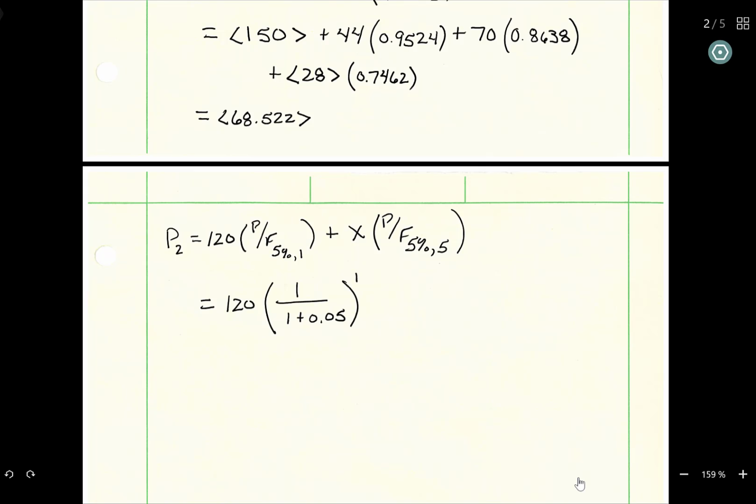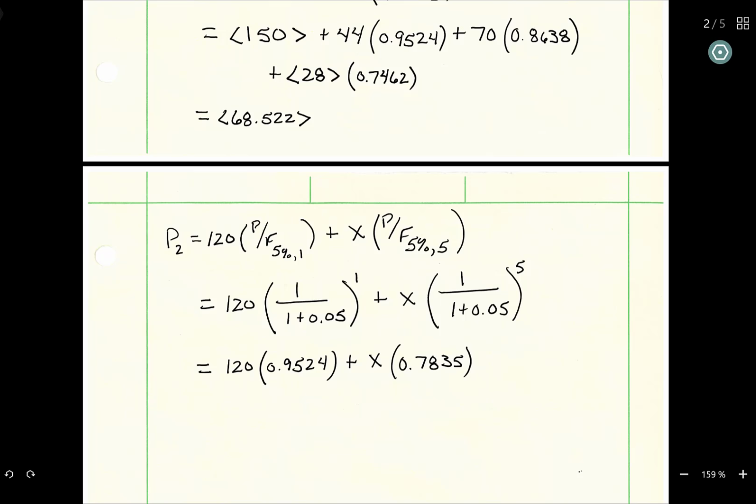Again, we'll speed the video up as we substitute in the value of 5% for I and the appropriate value for N into the expression to solve for the present value of timeline 2. Since x is unknown, the present value of timeline 2 is expressed as a function of x.